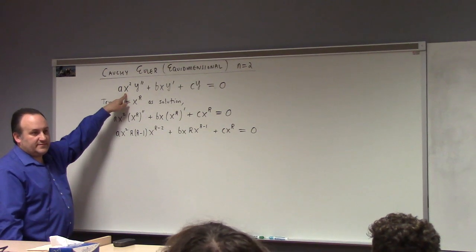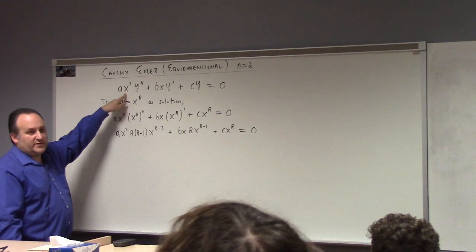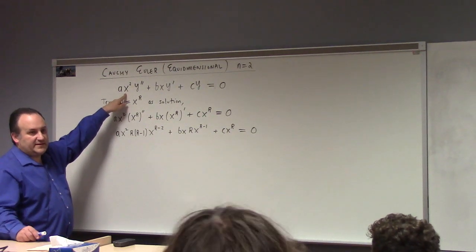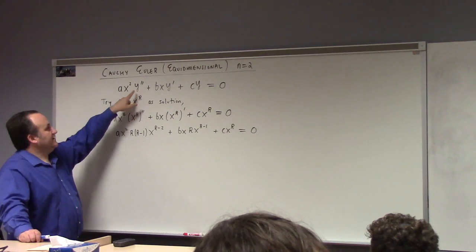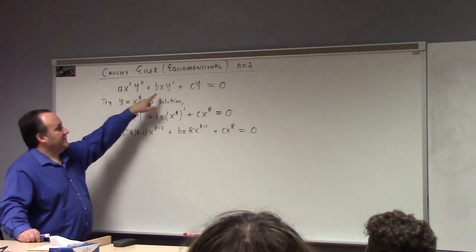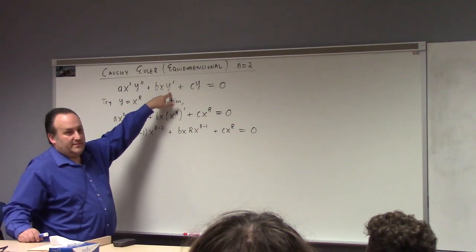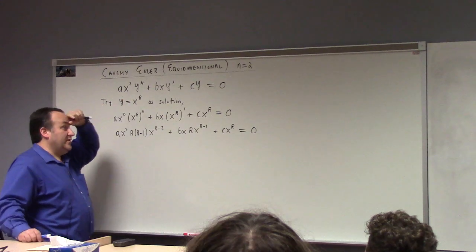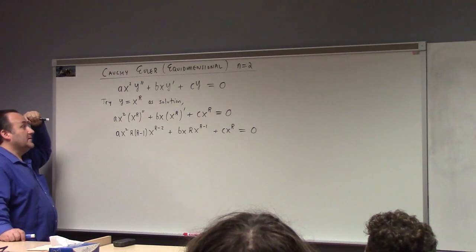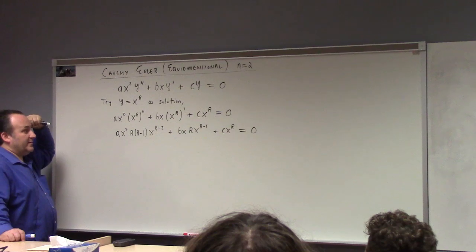One over length, right? So you have 1 over length squared times length squared. You have length times 1 over length. And then you just have whatever the units of y are left here.